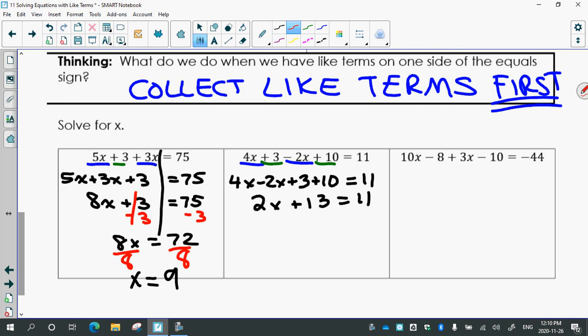Then you add or subtract it. Good job. And then what's 11 minus 13? Negative 2. Yep. And then what did you do? Divided by 2. Yep. And then you ended up getting? Negative 1. Perfect.